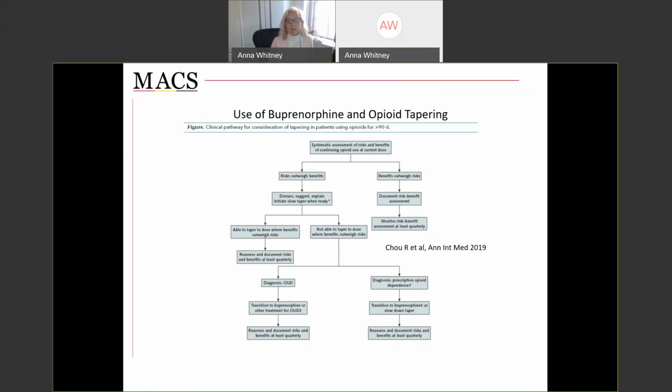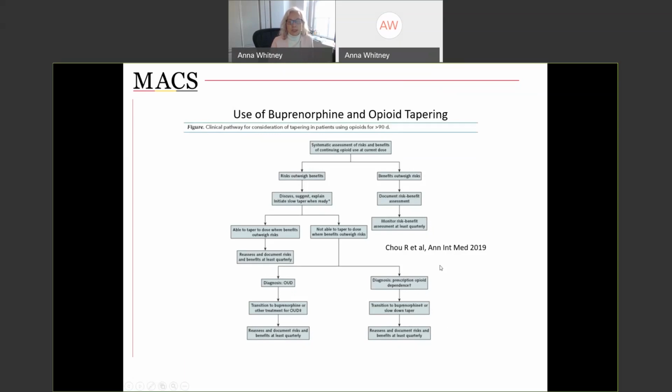It is not found in the DSM-5, but it may be people who don't necessarily meet the diagnostic criteria of an opiate use disorder, but just have a very difficult time getting off or reducing their prescription opioids. And the recommendation from Chu and Valentine here is to also really consider buprenorphine or slow down the taper and see if that makes a difference.